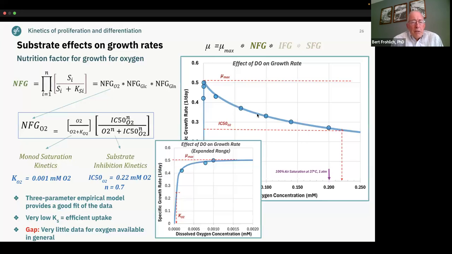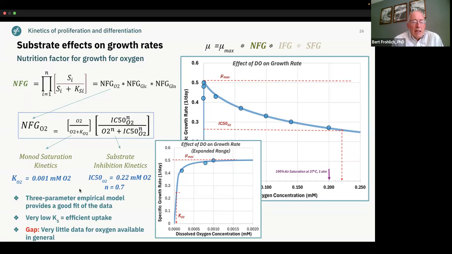So to describe that behavior, we added a substrate inhibition factor, which Elliot's pointing to, which consists of two parameters, IC50 and an exponent. Between that and a Monod model on the left, you put those two together, you get a model which actually fits the data quite well.